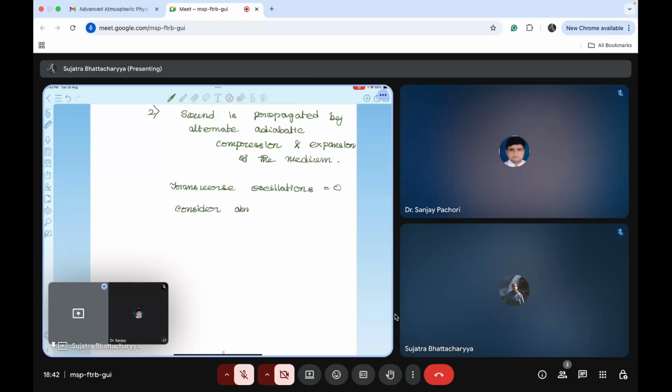Air parcels, or parcel let's say, move in x direction. This you can take in any direction. I am taking it in x direction. Okay.